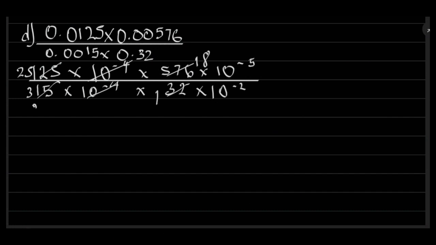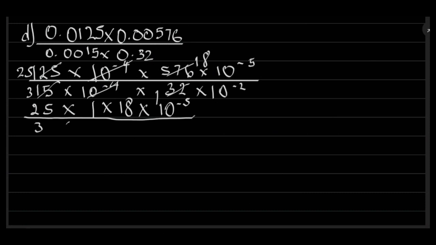So in all, we are to have 25 times 1 times 18 times 10 to the power negative 5, all over 3 times 1 times 1 again times 10 to the power negative 2. 3 once again will go into itself, 1 into 18, 6 times: 3 times 6 is 18.